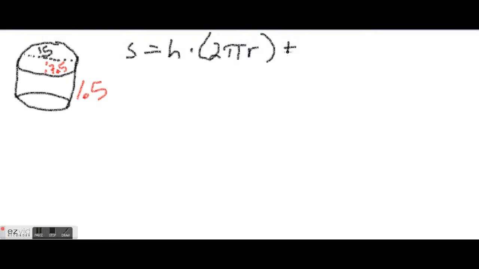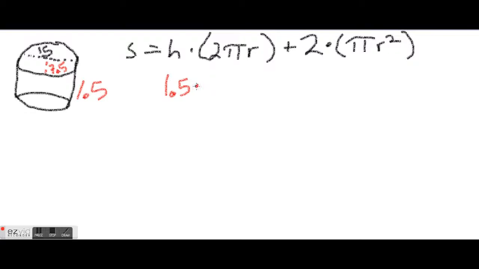All right, let's simplify this next. H in this case is 1.5 times 2 pi r. Well, 2 times r. R is 7.5. 2 times r is 7.5 times 2 goes back to 15.